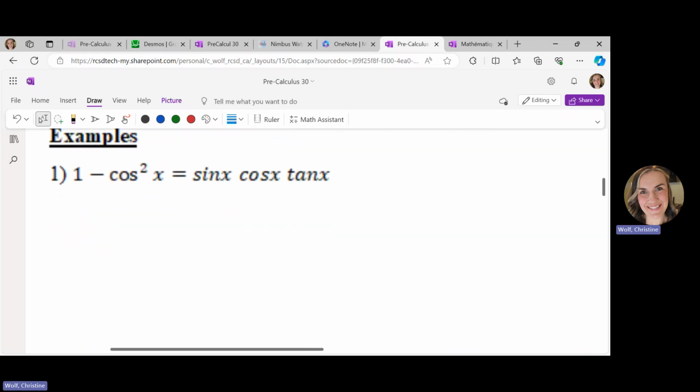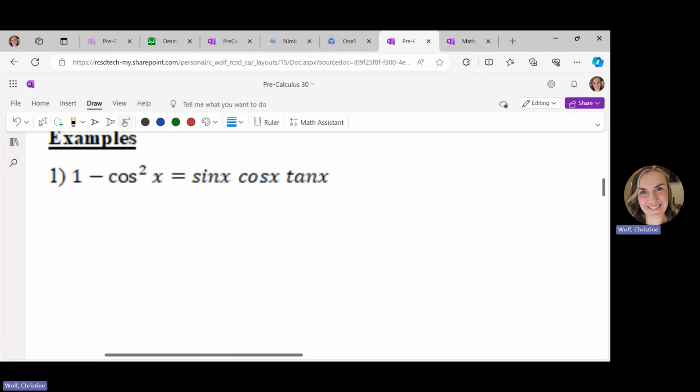I have 1 minus cos squared x equals sine x cos x tan x. Now, like I said, if you see something that's not in terms of sine and cos, rewrite it in terms of sine and cos. So the only thing I got here that I got to rewrite is the tan. So I have 1 minus cos squared x equals sine x times cos x.